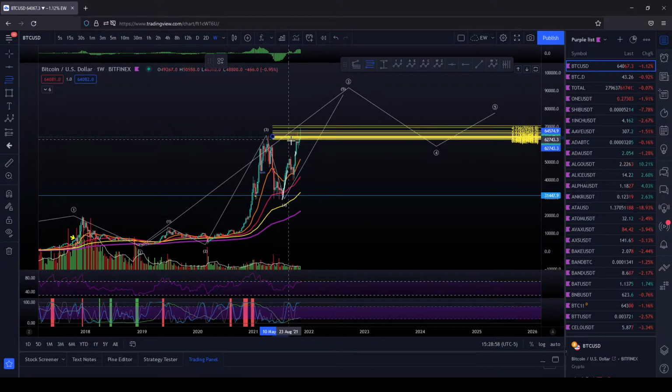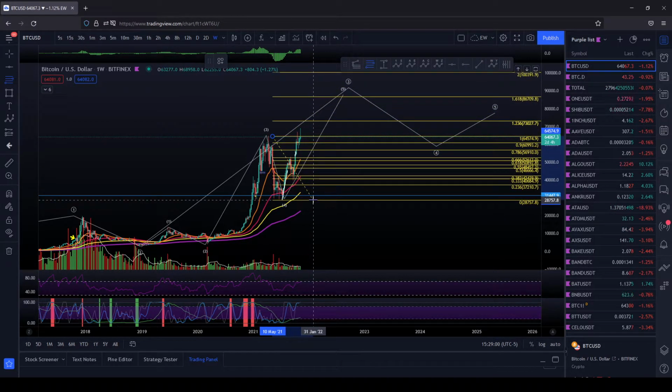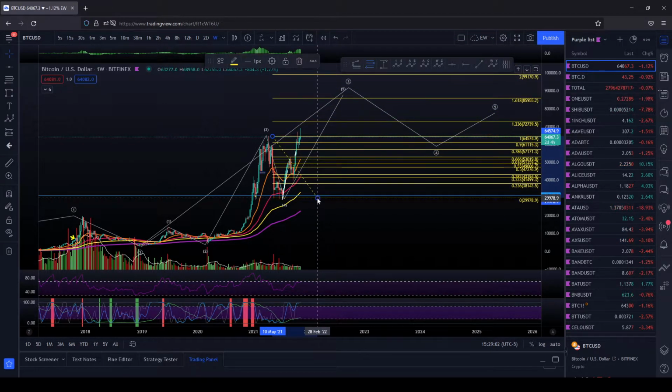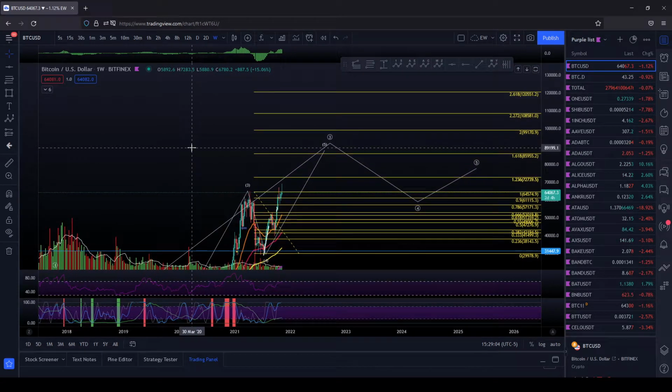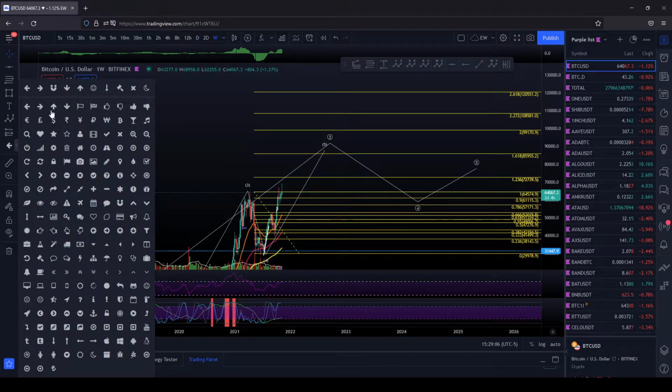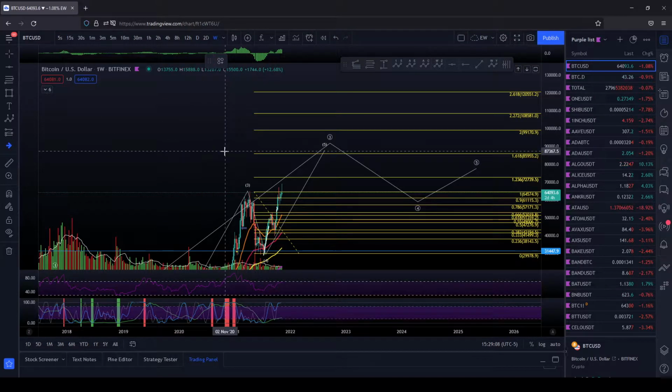You take the top of wave 3, you bring it down to the bottom of wave 4, and these 3 lines here are what I'm looking at. 1-to-1 on a wave following an extended wave is the minimum. So yeah, we have this here.